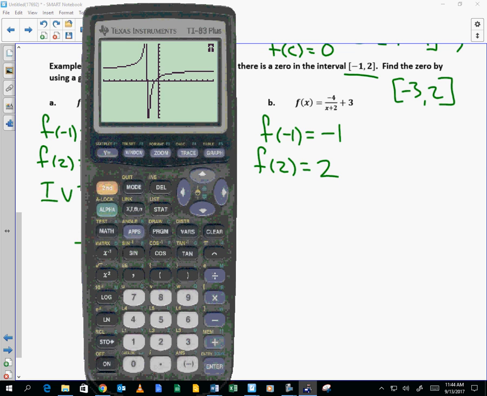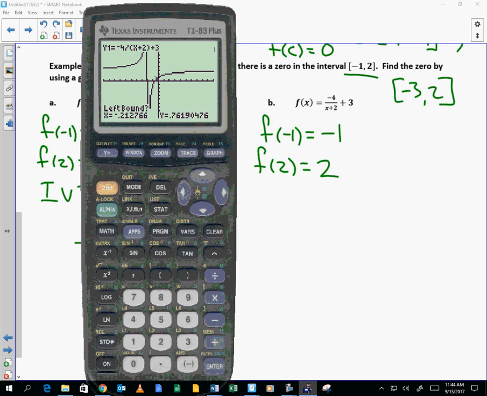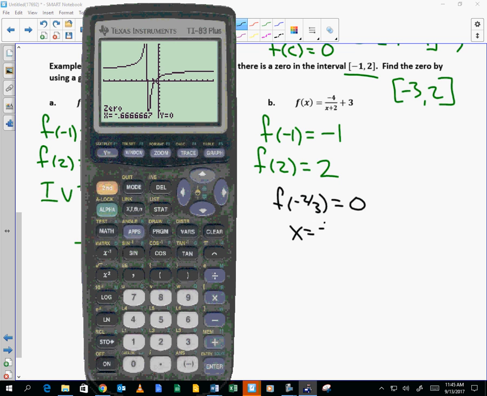I go second calculate. What? 2, the 0. I go to the 0 and I go to the left, and I go to the right, and I press enter on guess, and I come up with negative 2/3. So f of negative 2/3 is equal to 0, or my x value is negative 2/3 for the 0, okay?